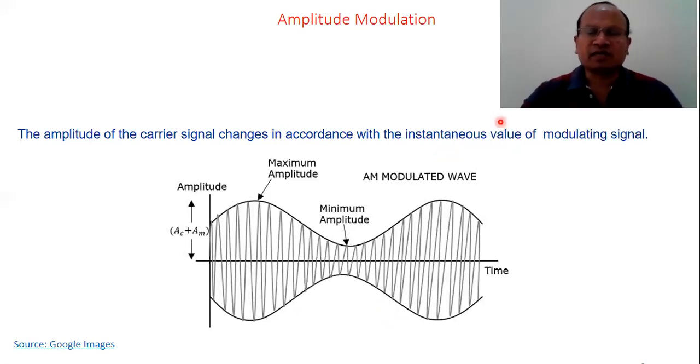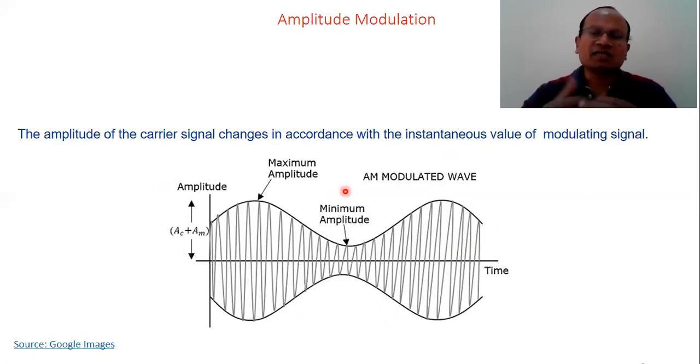So when we are beginning with the amplitude modulation receiver, let's again begin with the standard definition of amplitude modulation. This is the AM signal which is transmitted by the AM transmitter.